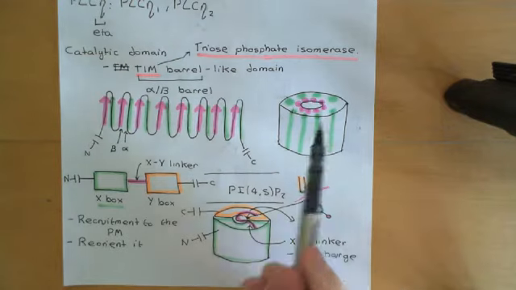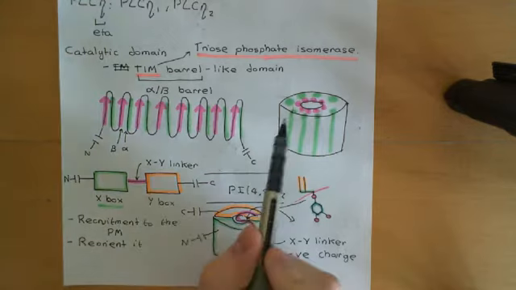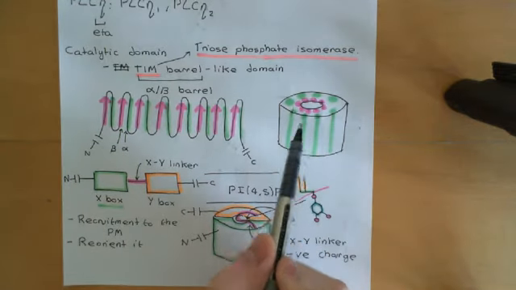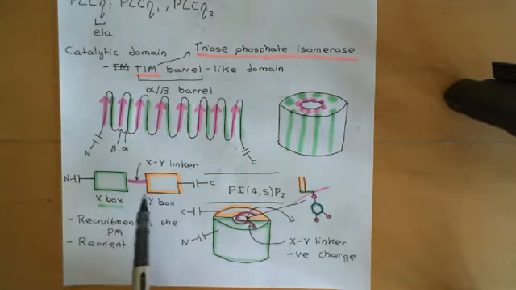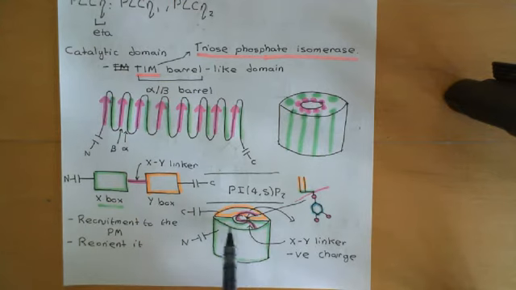Two portions of the primary structure of the polypeptide contribute to making the tin barrel-like domain: the X box and the Y box. These two regions have the alternating beta strands and alpha helices, and both contribute to making the tin barrel-like domain, as I've shown here.